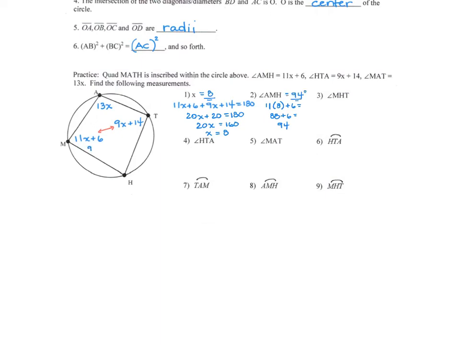I'm going to skip angle MHT for a minute because we don't really have enough information to answer that just yet. We can find the measure of angle HTA because that's 9 times 8 plus 14, which is 72 plus 14, which is 86.